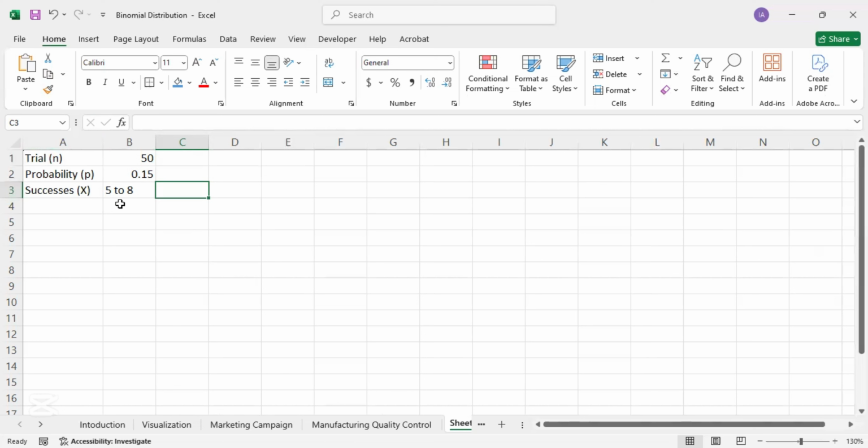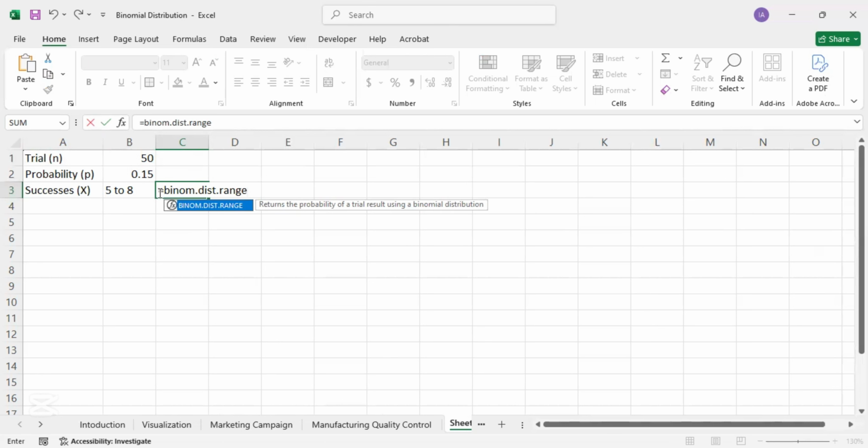So what we need to do is to use a different binomial distribution function, which in this case will be the binomial distribution function with the range. So open our parentheses now. So here we have trials, okay? The trials here is 50, right? Comma. Then after comma, we have the probability, which is 0.15.